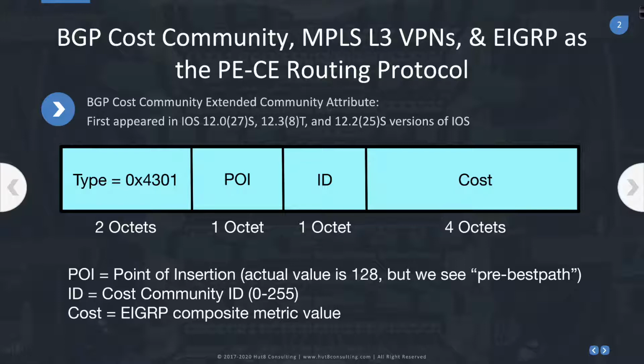By default, when we're working with EIGRP as the PE to CE routing protocol and we redistribute that EIGRP network layer reachability information into BGP, where it becomes a VPN v4 update, the value that we're going to see for the point of insertion is 128. But we're not actually going to see 128. We're going to see some text, and it's going to say pre-best path. And that is really what the BGP Cost Community is all about.